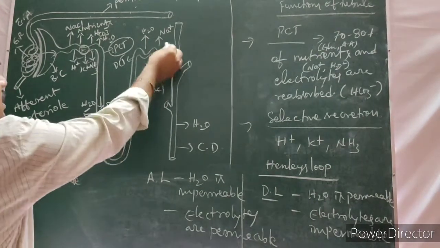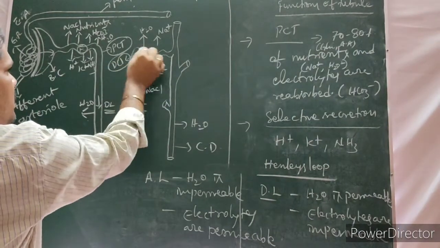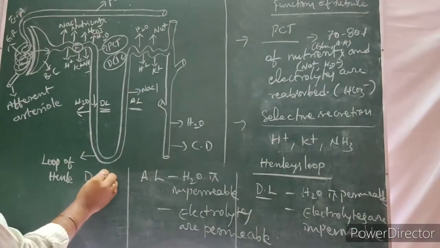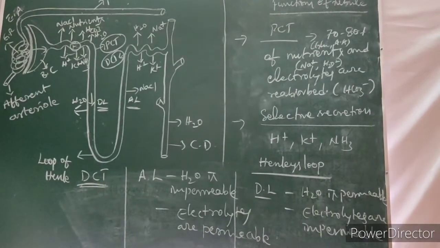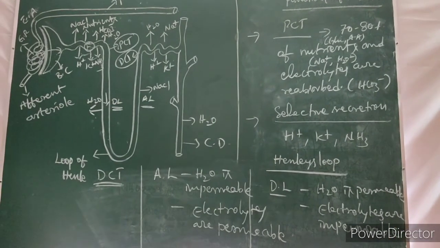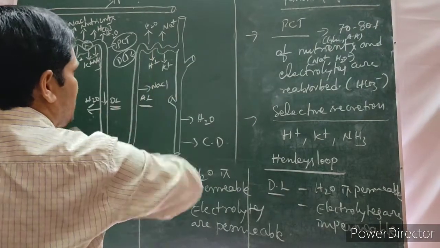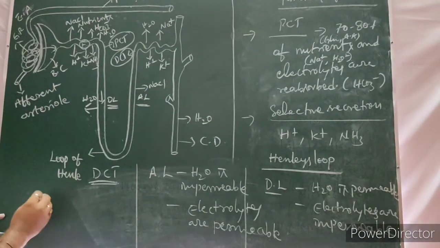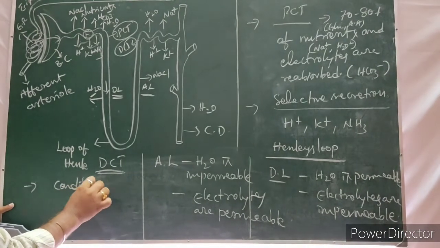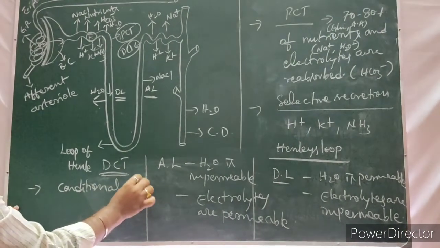Then the distal convoluted tubule, DCT. So here what happens? Commonly water and sodium ions are reabsorbed.